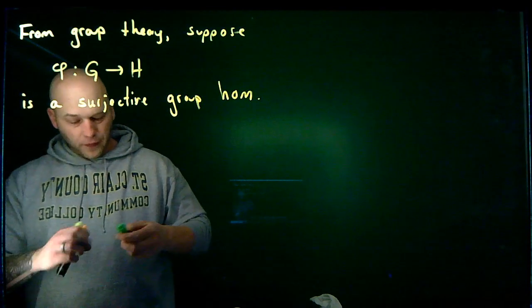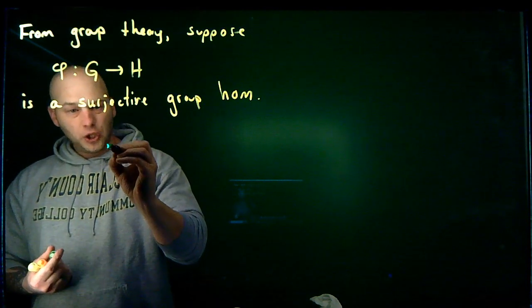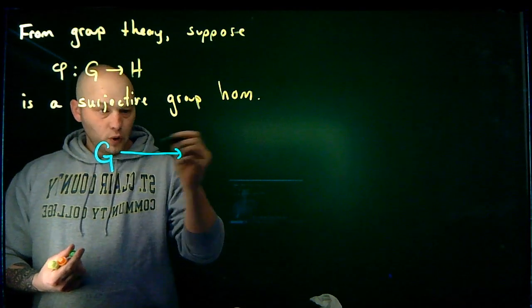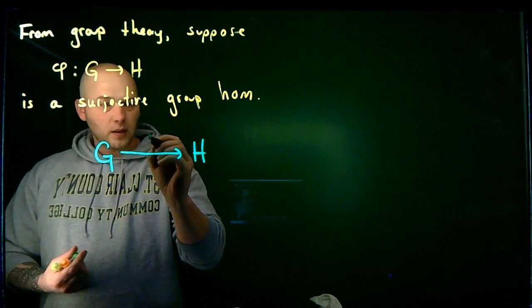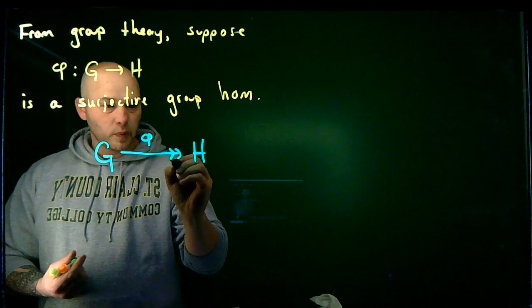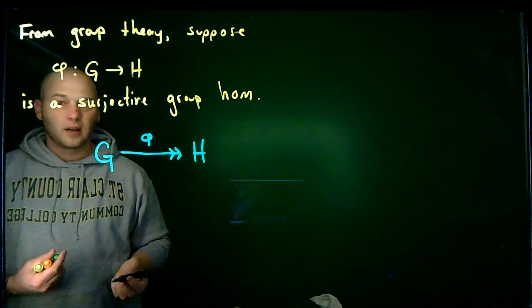Well, here's what I'm going to do. Remember, I have G, which is a group, and I have that mapped into H via the function phi. And again, this is a surjection, so I'm going to put my little double arrow there to indicate that it's a surjection.